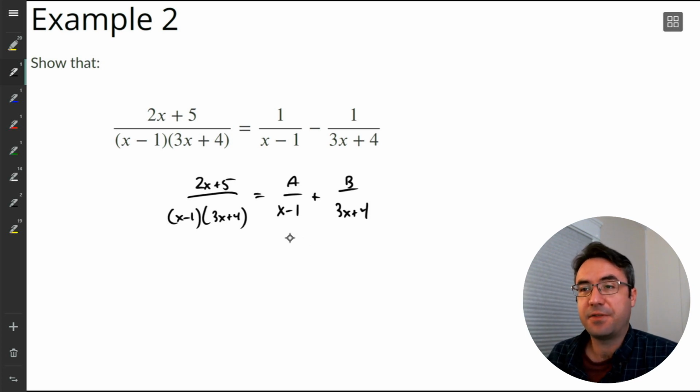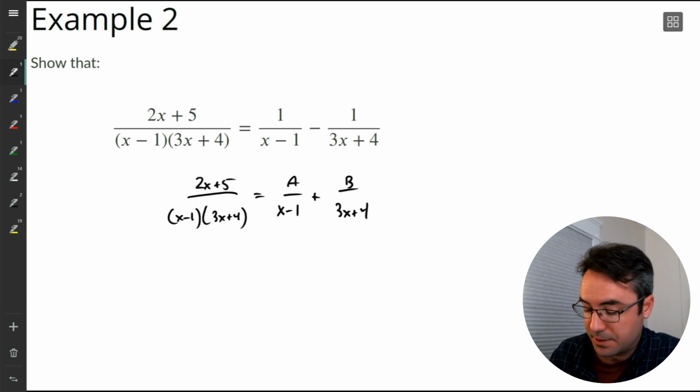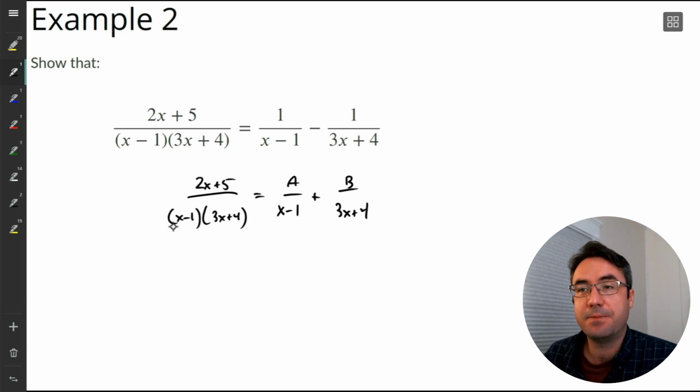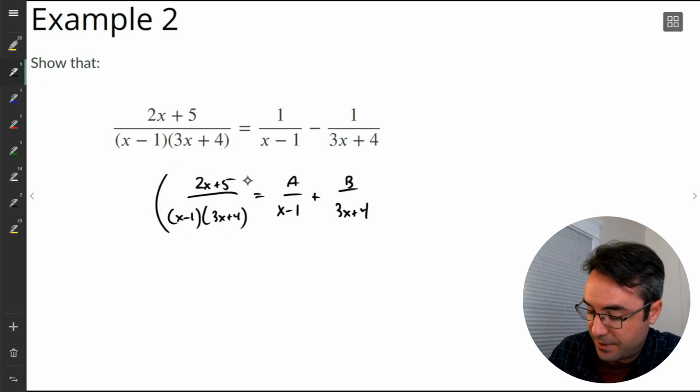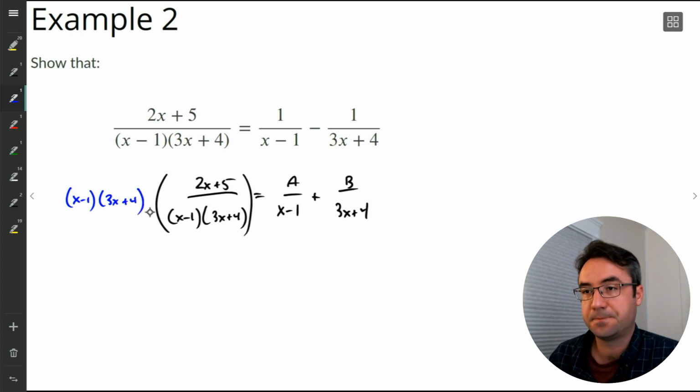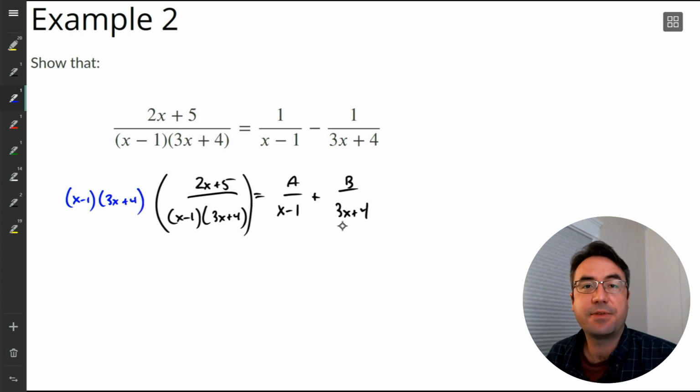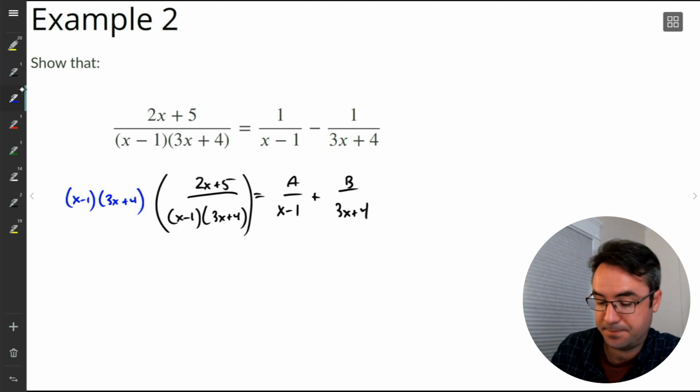And to simplify things, to help us get rid of the fractions here, we're going to multiply both sides of this equation by the denominator on the left. So we're going to take everything over here, and we're going to multiply it by x minus 1 times 3x plus 4. And we're going to do that exact same thing on the right.